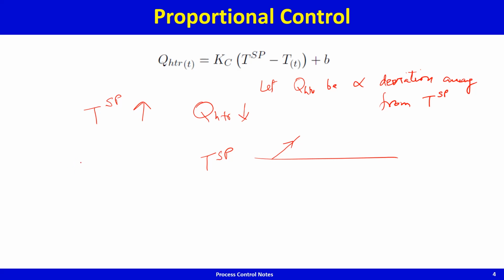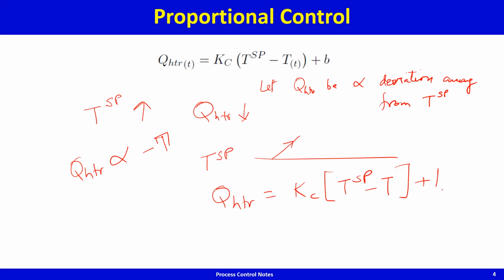That means QHTR must be proportional to negative T. So what we are now saying is, QHTR must be equal to a proportionality constant times temperature set point minus current temperature plus a bias term. Why is a bias term necessary? I'll explain that later, but let's just ignore the bias term for the time being and look at this chap.